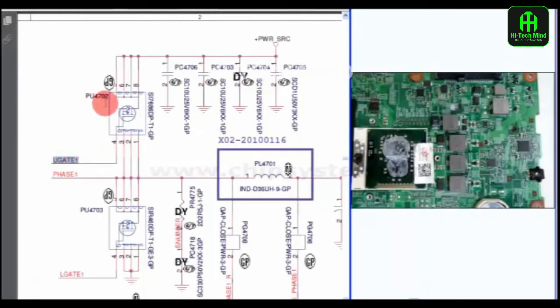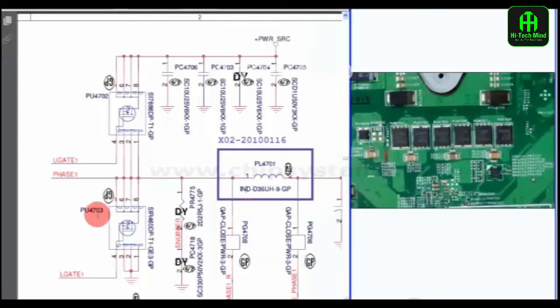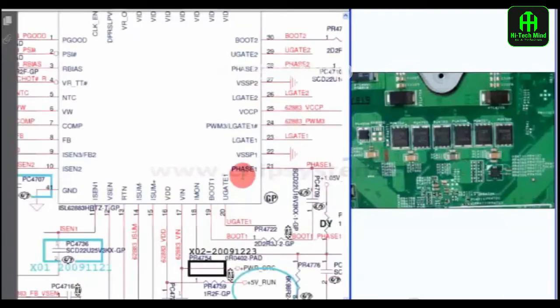This is PU4702, the upper MOSFET. This upper MOSFET drain connects to the battery line mentioned power SRC. This is MOSFET PU4703, which is the lower MOSFET. Look at the schematic. This MOSFET gate pin mentioned L gate 1 is connected to IC pin number 23.